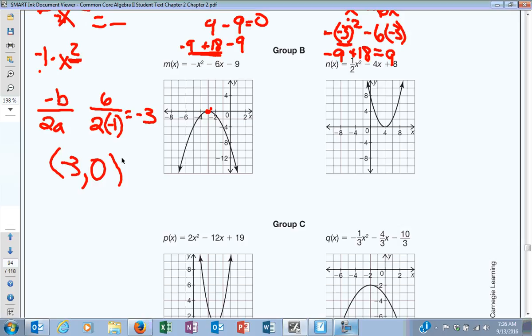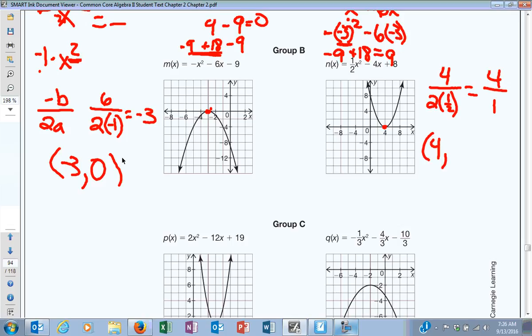Okay, same thing here. Let's do B, just because we need some practice on some of this stuff. Opposite of b is going to be what? You have that on your paper, so if you can't see it up here, opposite of b is going to be what? 4, just the 4, we don't bring the x. Over 2 times what? 1/2. 2 times 1/2 is 1, and 4 over 1 is just 4, so I've got 4 as my x.